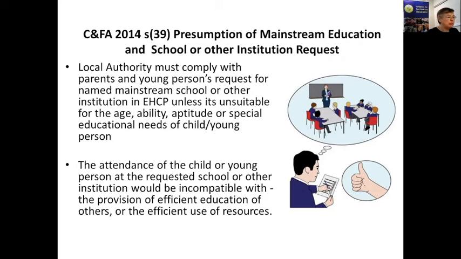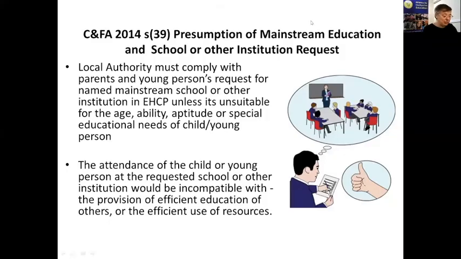Local authorities must comply with parents' and young persons' requests for a named mainstream school or other institution in the education healthcare plan unless it's unsuitable for the age, ability, aptitude, or special educational needs of the child or young person, or the attendance of the child or young person at the requested school or other institution would be incompatible with the provision of the efficient education of others or the efficient use of resources.